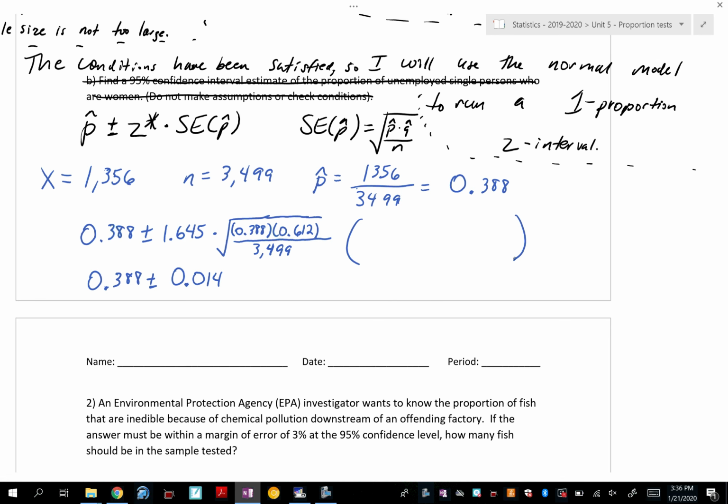So you would take 0.388 and add 0.014. So 0.388 plus 0.014 is 0.402. And then subtract 0.388 minus 0.014. Does it matter what order you put? It does, Jarvis. Lowest to highest, please.